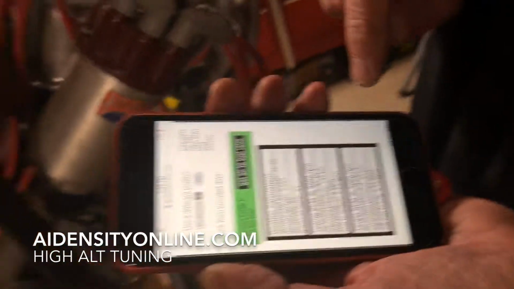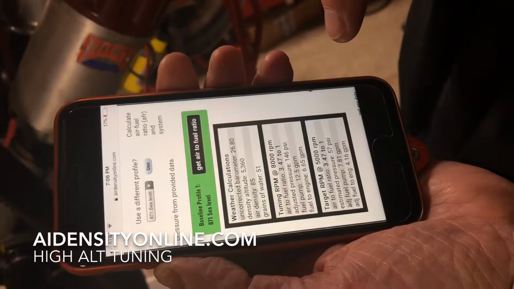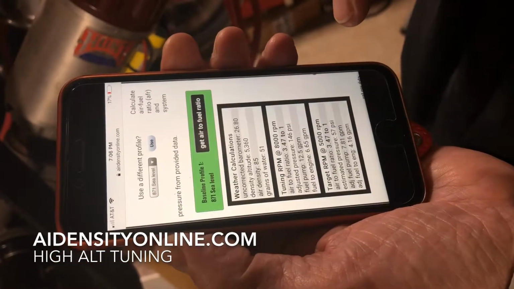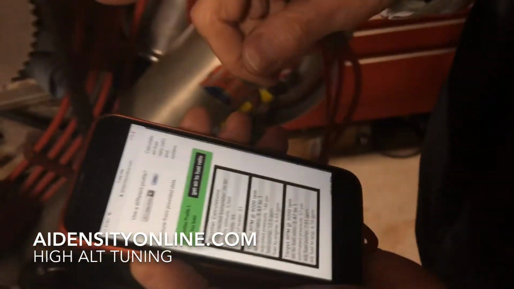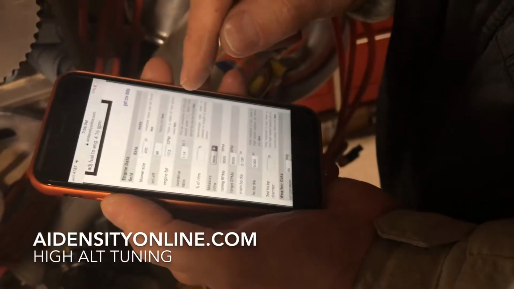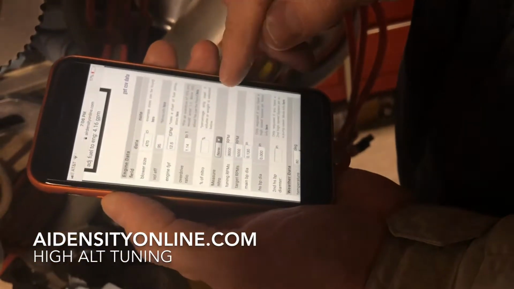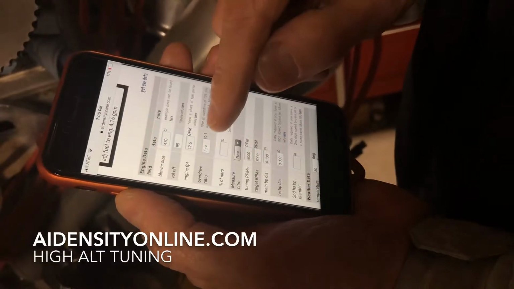So what I'm going to do is determine what it's going to take to get our air-to-fuel ratio back to 3.8, 3.85, which is our sea level setup. To do that, all I have to do is change the blower overdrive in classes where you have that freedom to change blower overdrive. This one is 14% over for our sea level setup.